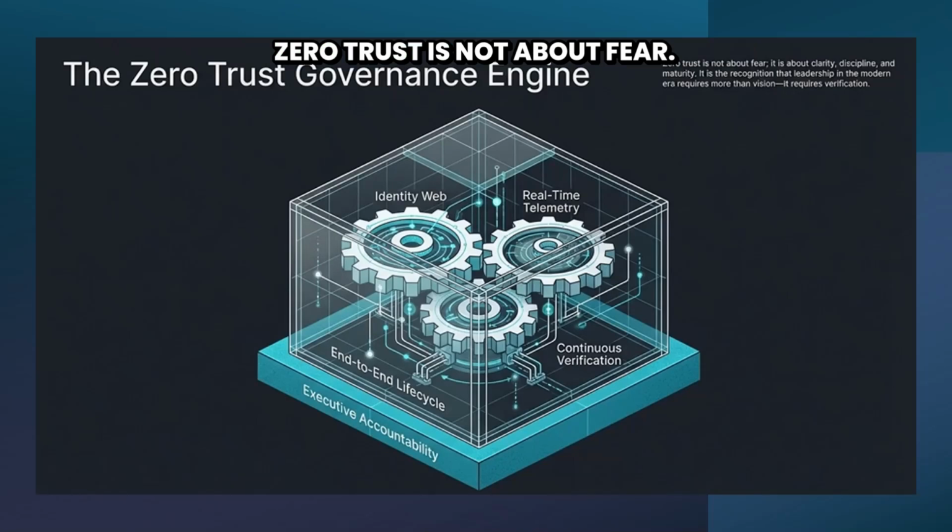Zero trust is not about fear. It's about clarity. It's about discipline. It is about maturity. It is the recognition that leadership in the modern era requires more than vision. It requires verification. So, here is my challenge to every leader listening. Stop asking, do we have zero trust?